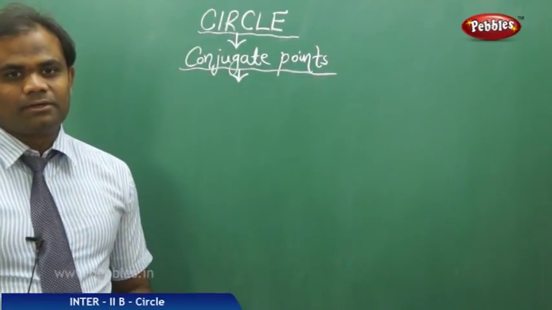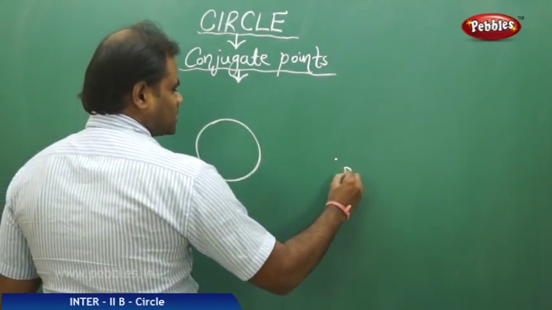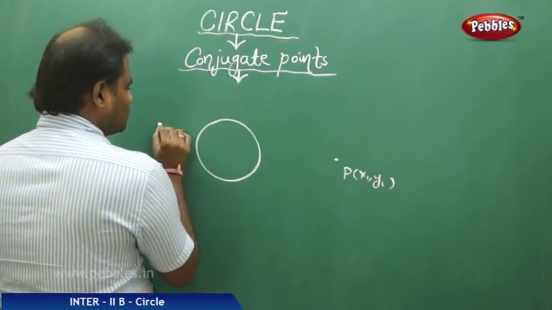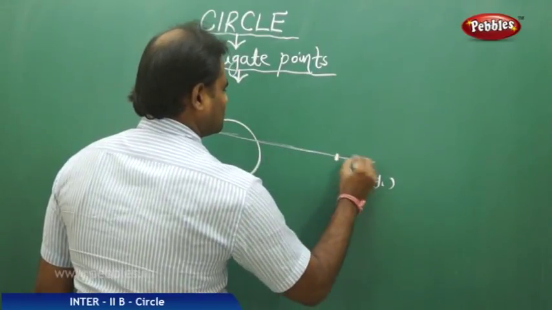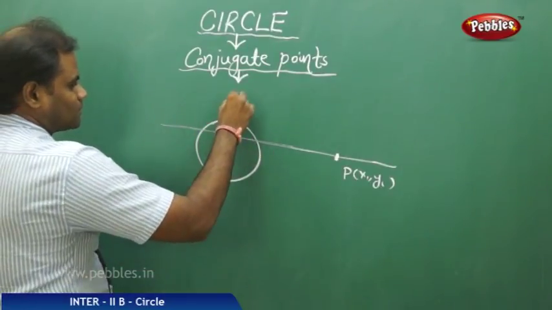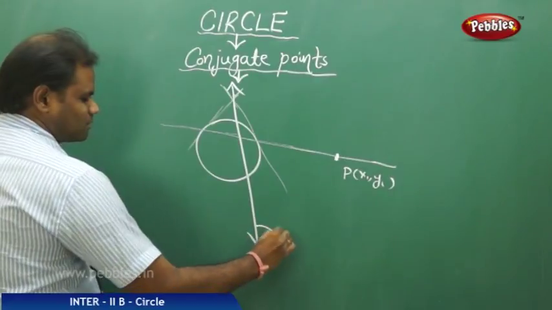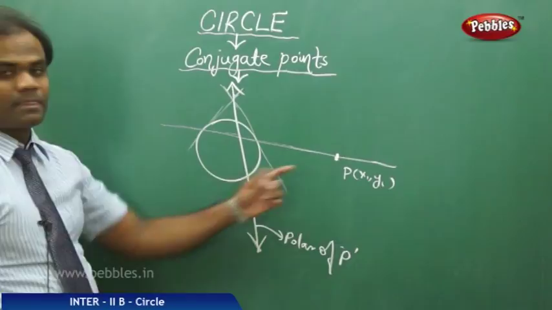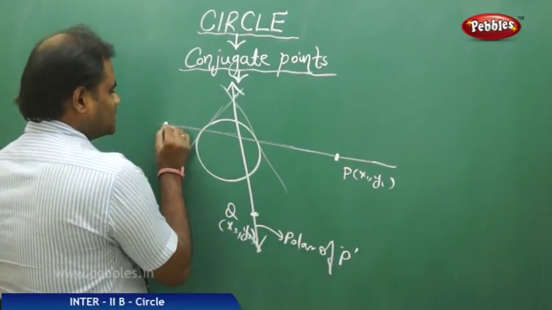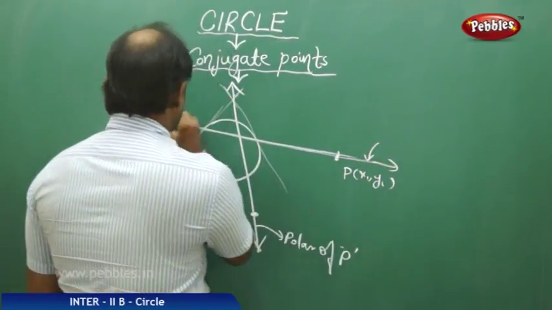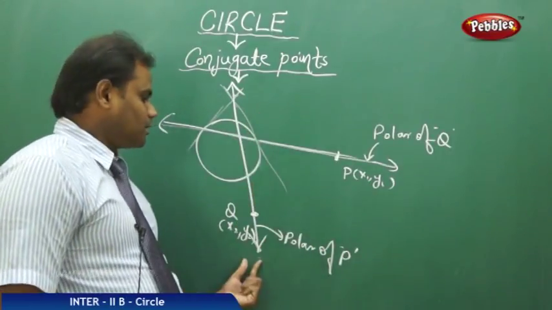If I have a circle S = 0 and a point P (x1, y1) outside the circle, then we get the pair of tangents which gives me the polar of P, on which I take the point Q. Then the polar of Q passes through P. So the polar of P is here and the polar of Q is here.